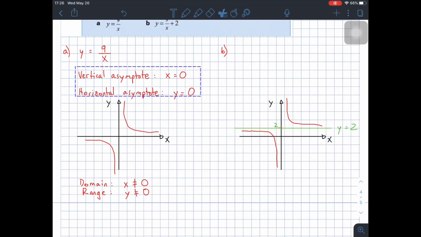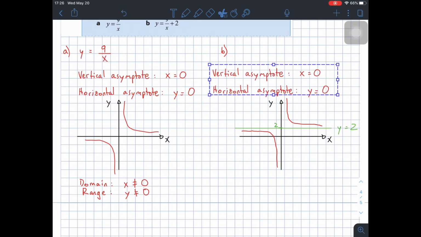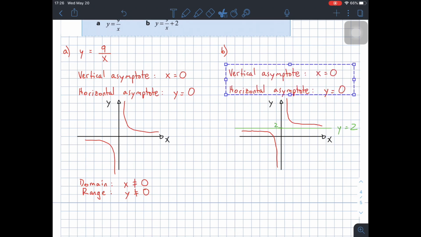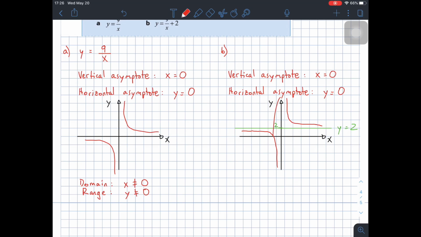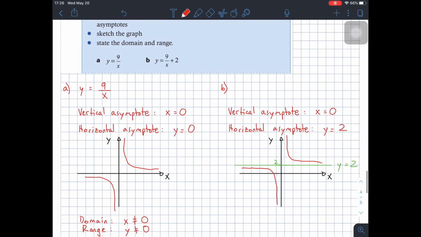So the vertical and horizontal asymptotes would be, in this case, the vertical asymptote is still the same. It's x equals 0. But the horizontal asymptote is now y equals 2 because of the vertical translation. Let me write that here to remember.